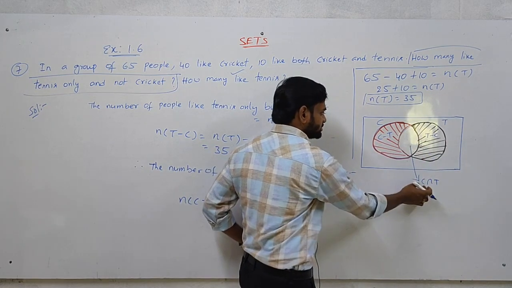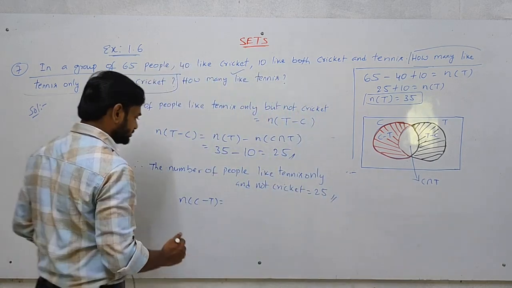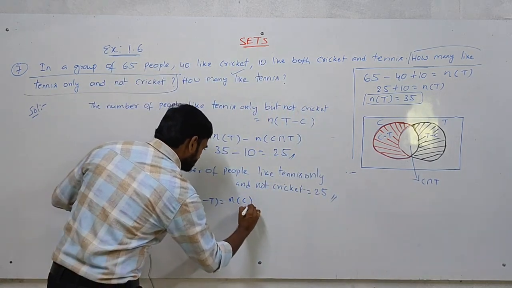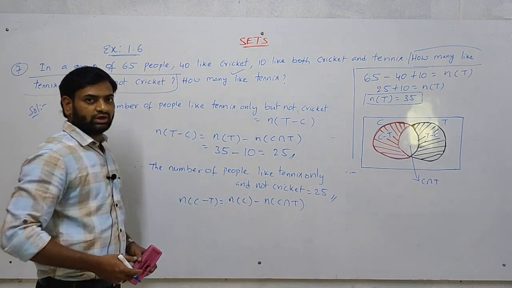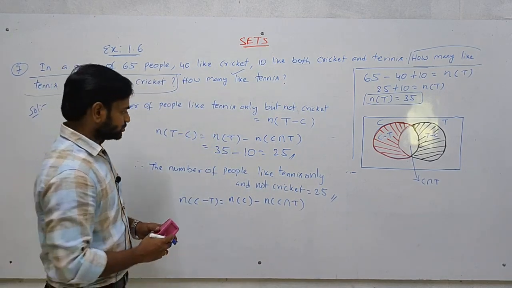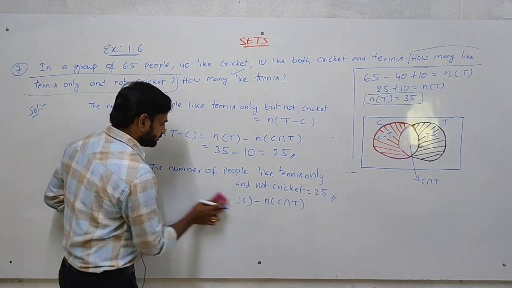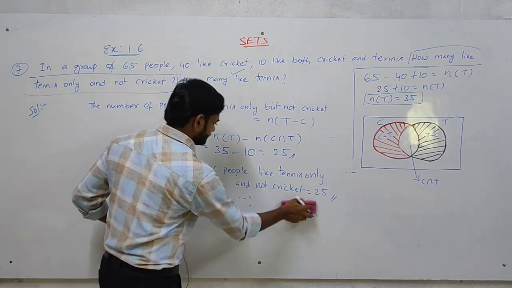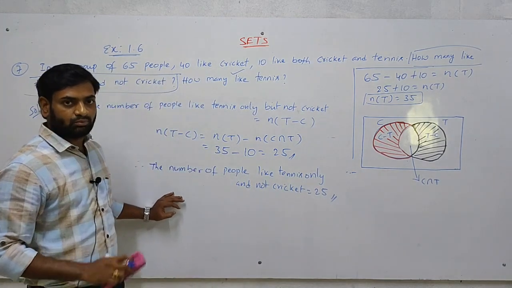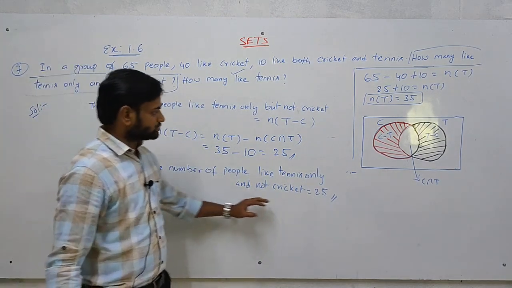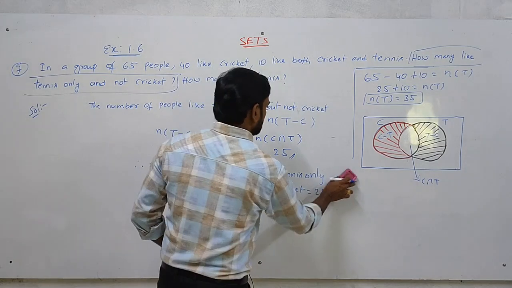This part means the intersection, C intersection T. That is n of C minus n of C intersection T. You can use that formula. So here there is no need. Here we have to find only the number of people who like tennis but not cricket. That is 25. And this is the most important.